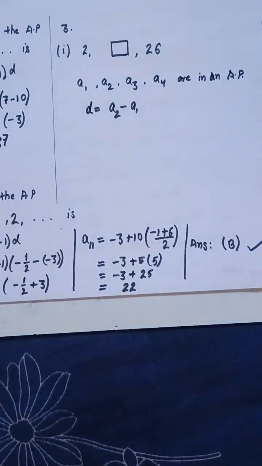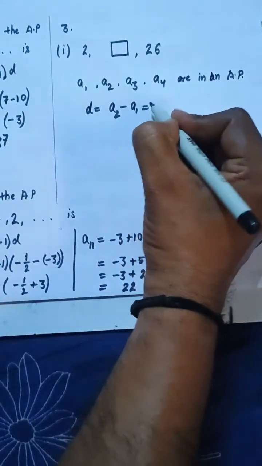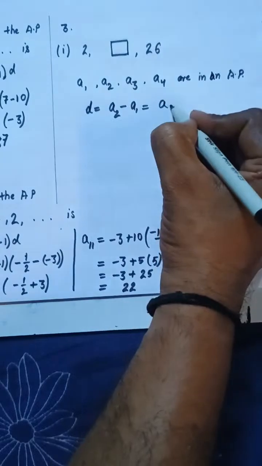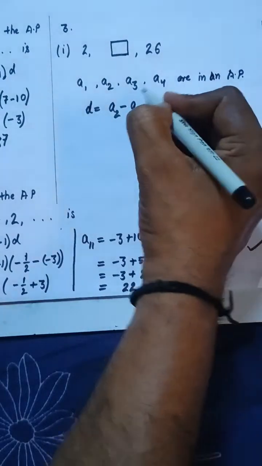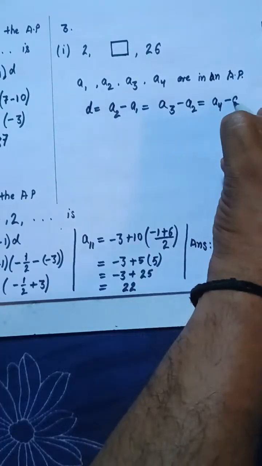A very fantastic question to know how to calculate common difference. A2 minus A1 is equal to A3 minus A2, and that should be equal to A4 minus A3.